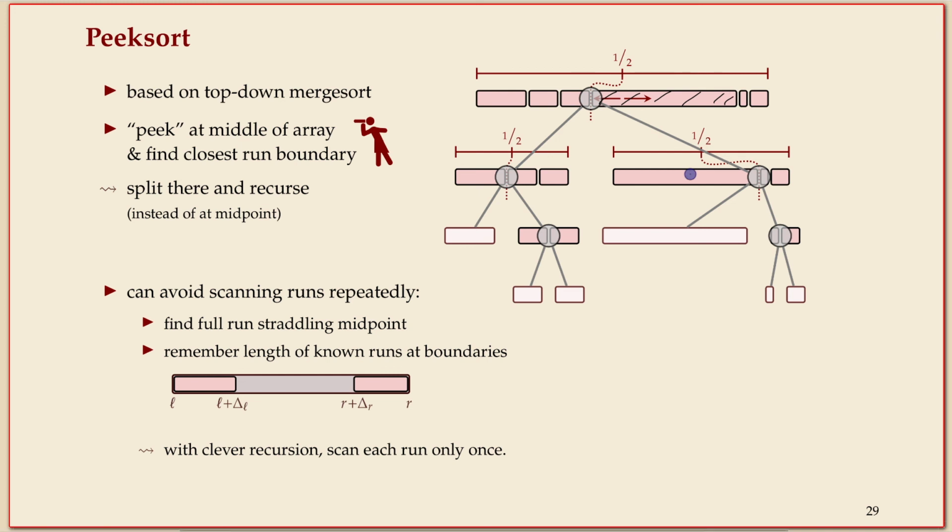In this recursive call, we would jump to the middle and we would rediscover the very same run. That's kind of wasted effort. We could have remembered that there was a run. And so that's exactly what I'm proposing here. You just remember if you have seen a run at the end points. And it turns out that this is enough. So you remember what's the leftmost run, the rightmost run of any portion, and that's all you'll ever need. And they could both be empty.